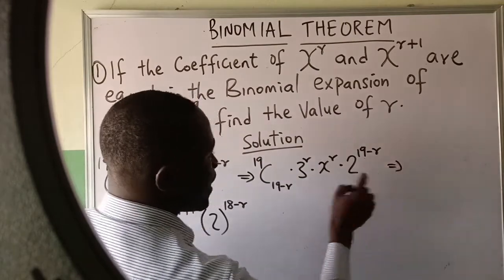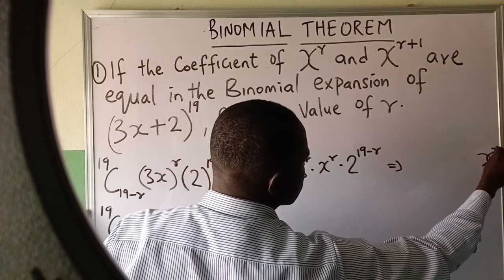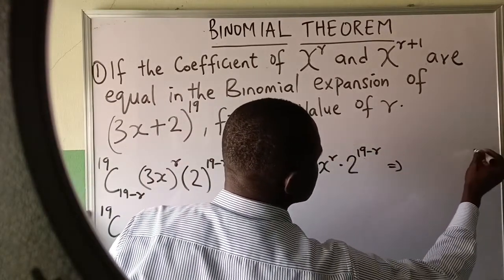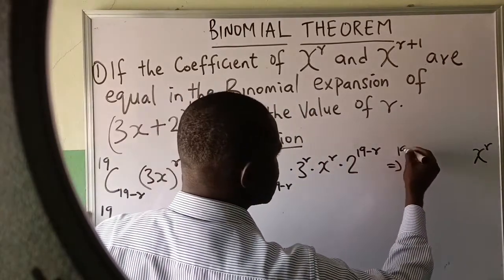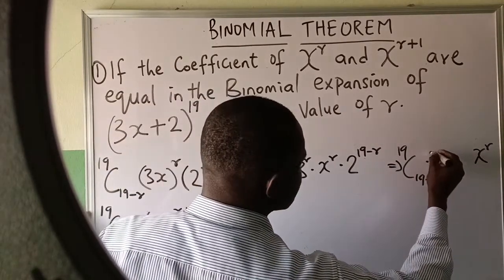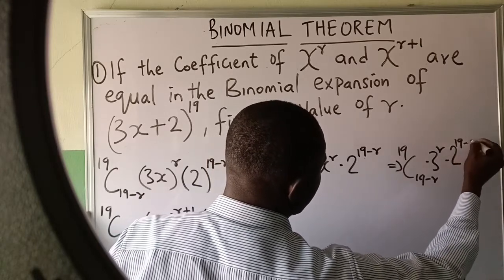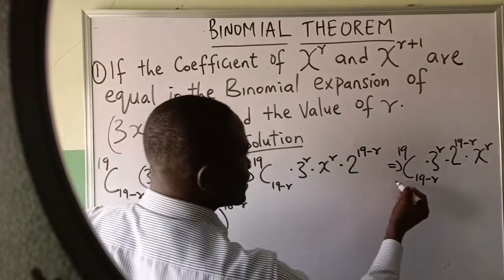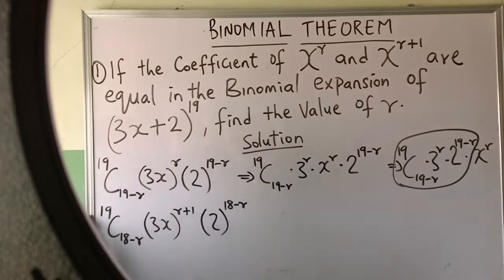Making x raised to the power r stand out, we write 19 combination 19 minus r, times 3 raised to the power r, times 2 raised to the power of 19 minus r. So this is the coefficient of x raised to the power r they talk about.